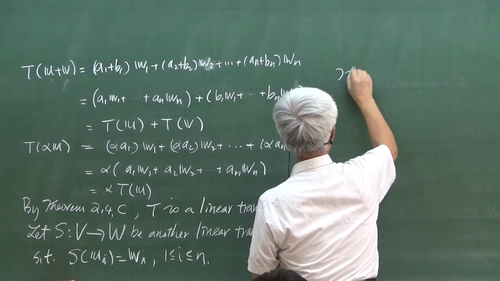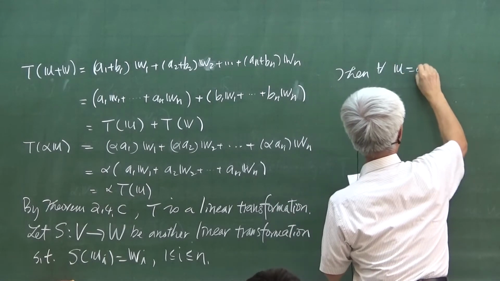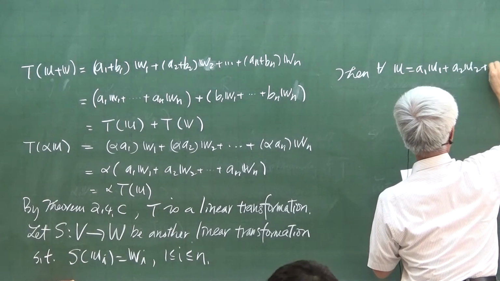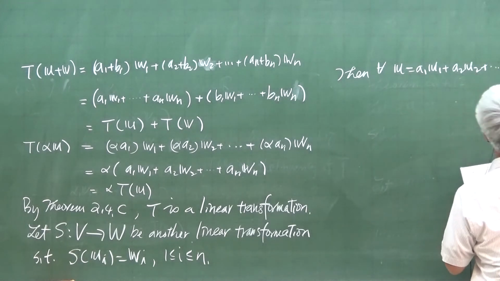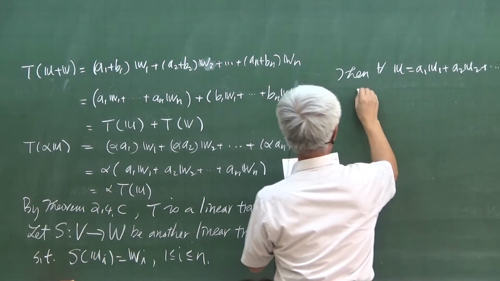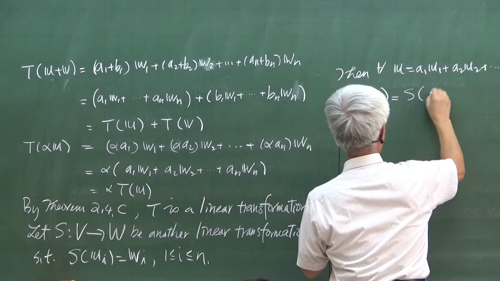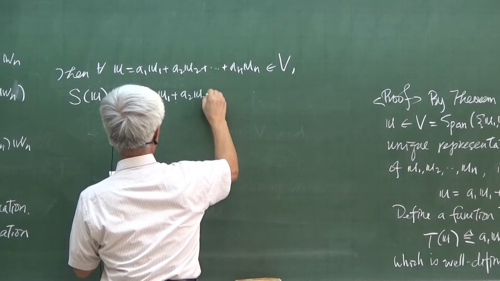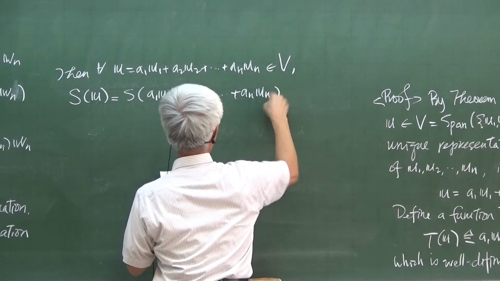Now for all u in V, SU is S of a1 u1 plus a2 u2 plus and so on.